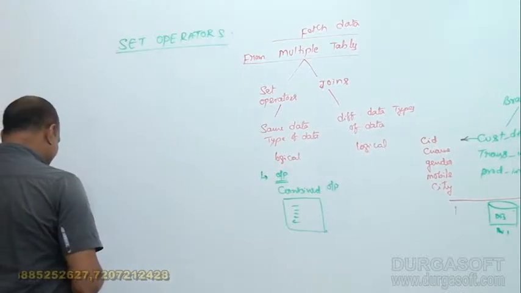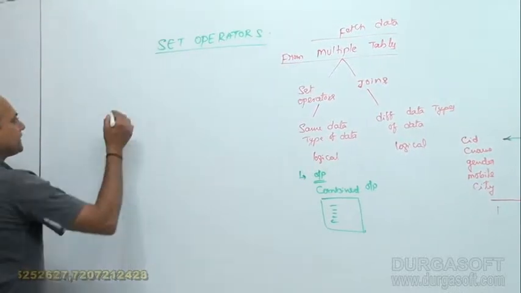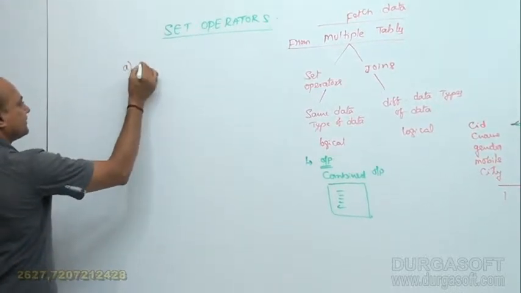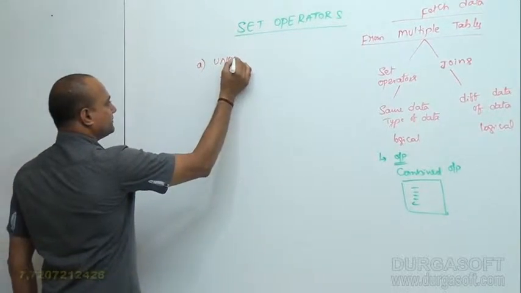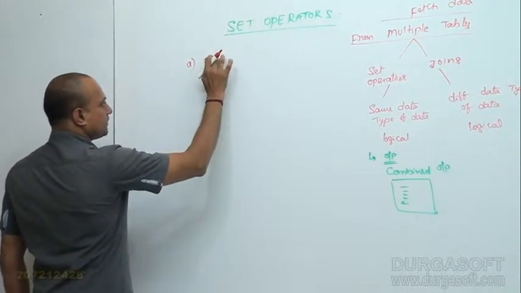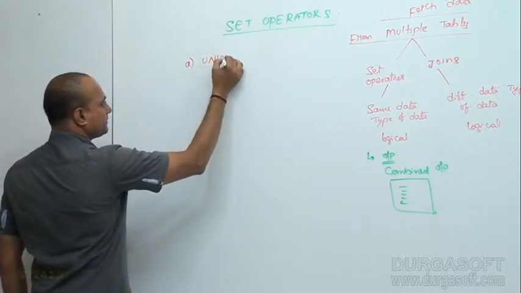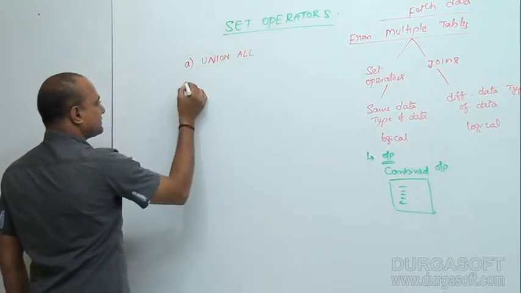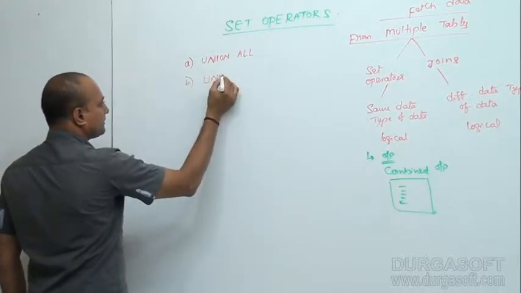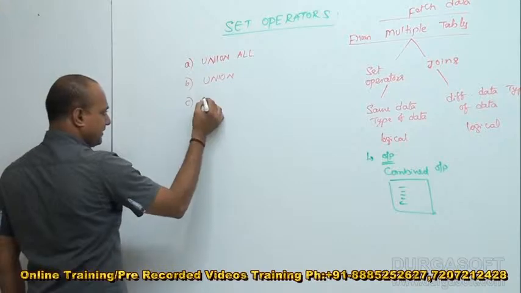Now see, what are the set operator names we have? 4 set operators are there. First one, union all. Second, union. Third, intersect.